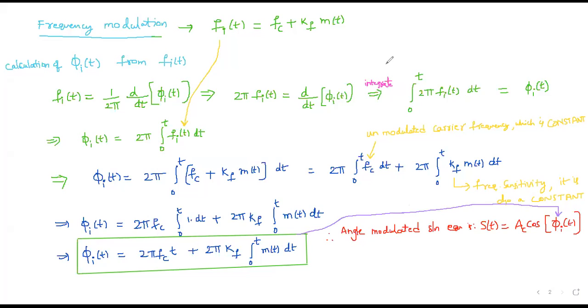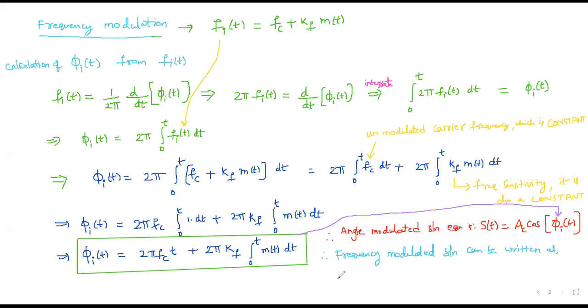So if I do that, what do I get? The frequency modulated signal can be written as: I just have to substitute this entire phi I of t in this expression.